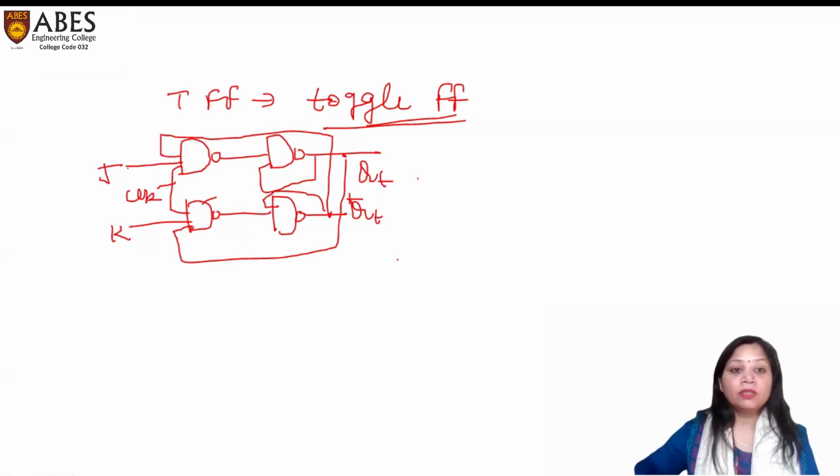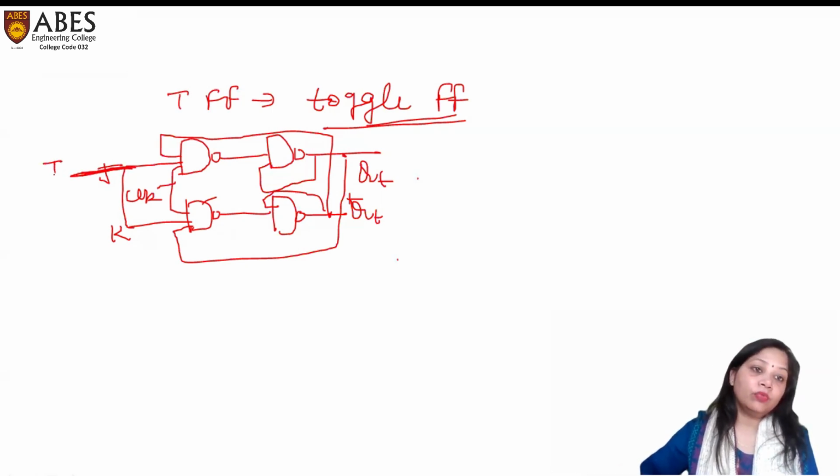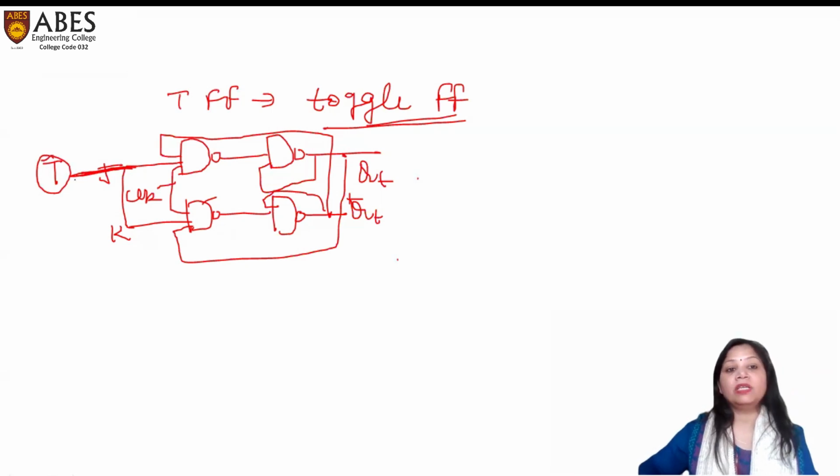If we connect J and K together, and this is the single input, this single input is called the T flip-flop. Single input T. ये हमारा कहलाता है T फ्लिप फ्लॉप.